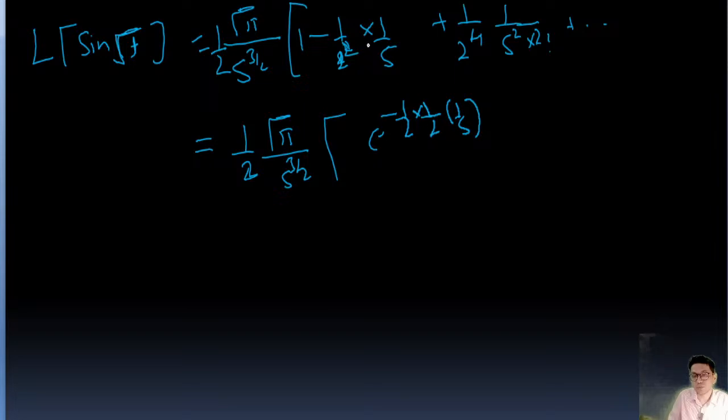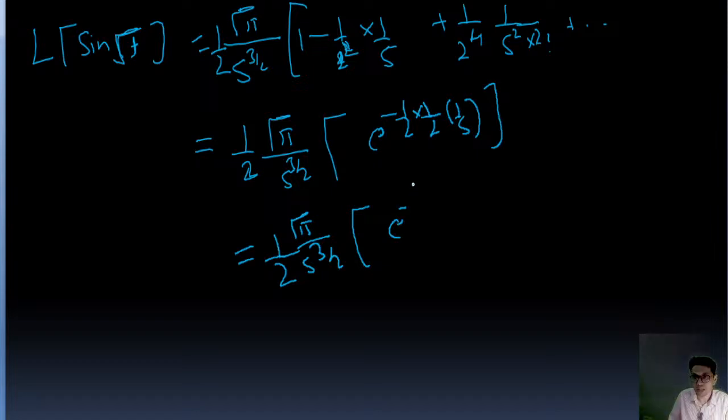Because we know this is the expansion of this. So this is going to be 1 upon 2 root pi upon s to the power 3 by 2, and this value is e to the power minus 1 upon 4s.